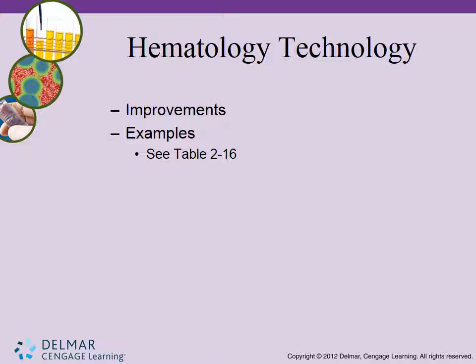We've made a lot of improvements in our hematology technology over the years. Counting of cells using electrical impedance did have some inherent problems. For example, if cells passing through the aperture did not pass through the center of the aperture, they were actually measured larger than their size.